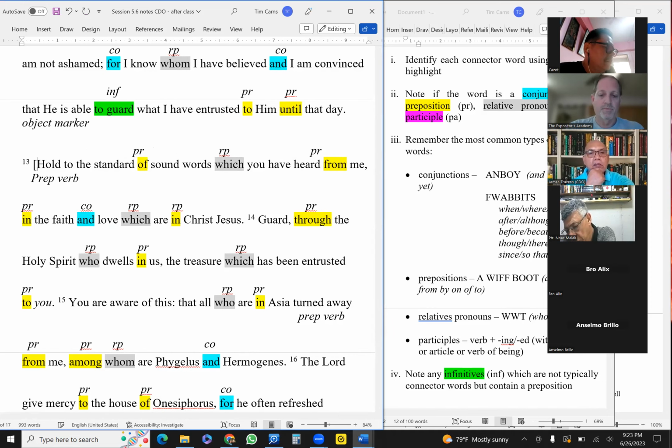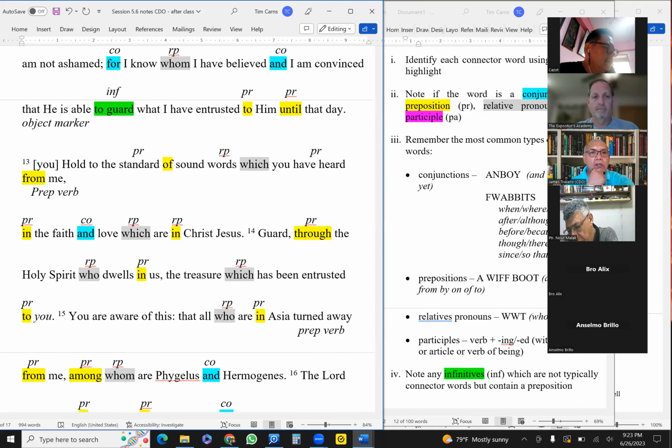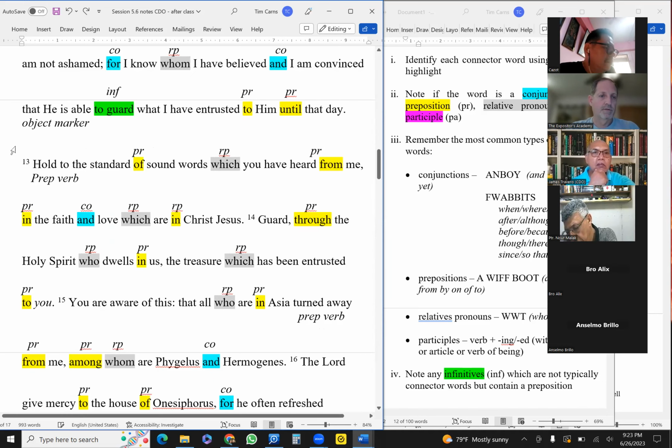You is the subject, because this is like a command. Let's just diagram this. So you is the implied subject because it's a command. So you, subject, hold to, verb, the standard, object. That is my independent clause.